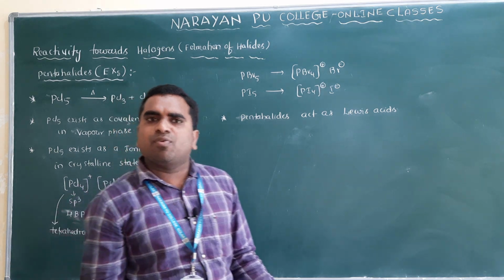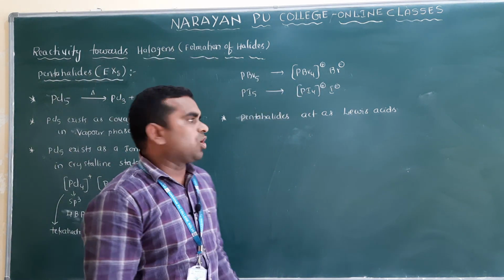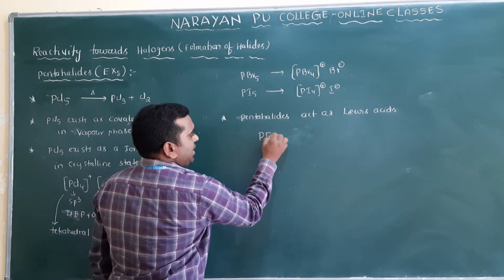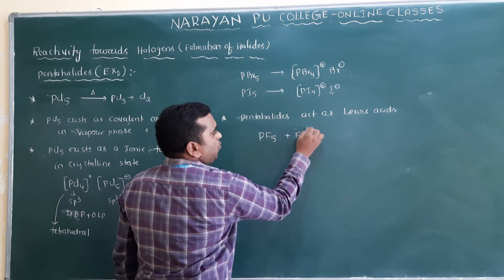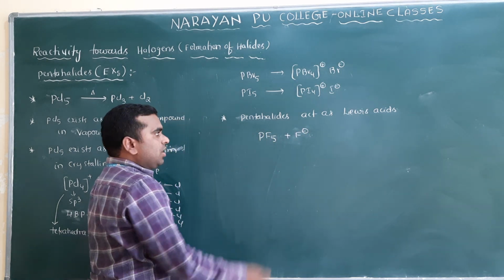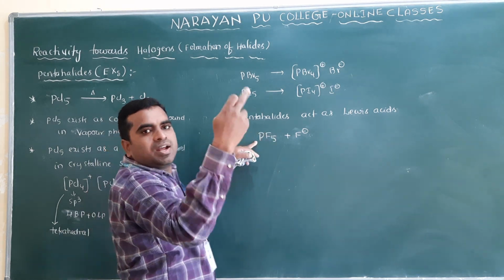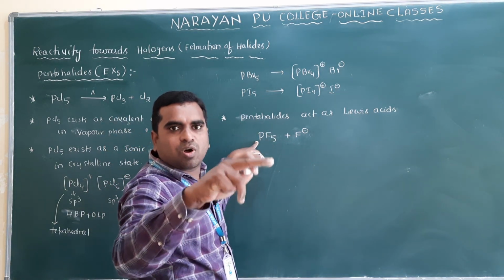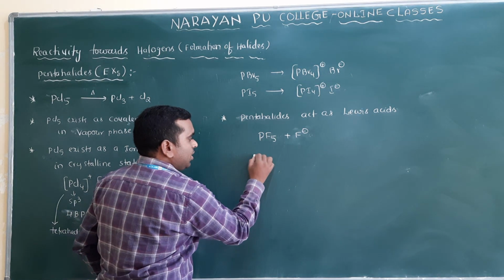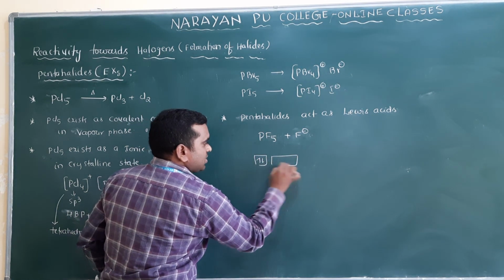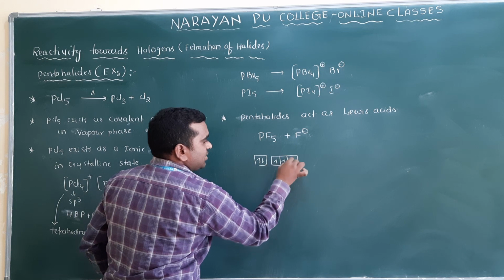Empty d orbital means if anyone is giving electrons, suppose you take PF5 and F- is giving electrons, so phosphorus can form how many bonds here? Maximum 5 bonds. If the s and p electrons are involved in bond formation, there are 2 electrons and 3 electrons with the phosphorus.